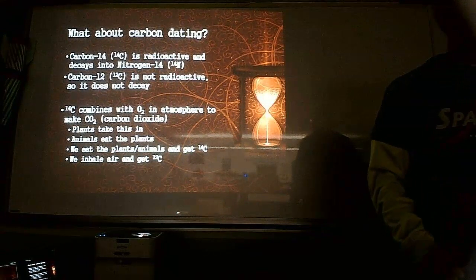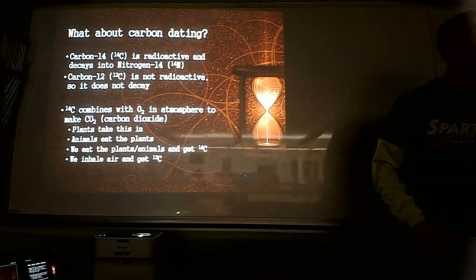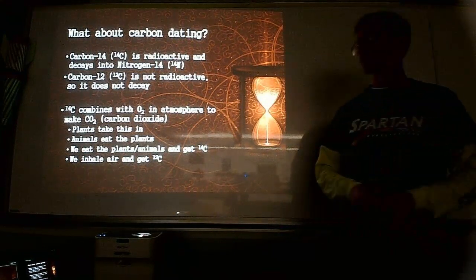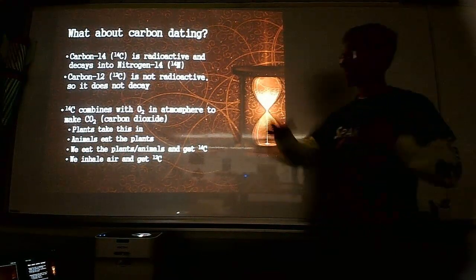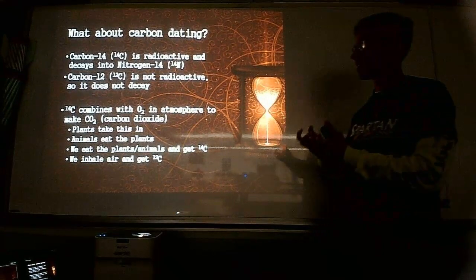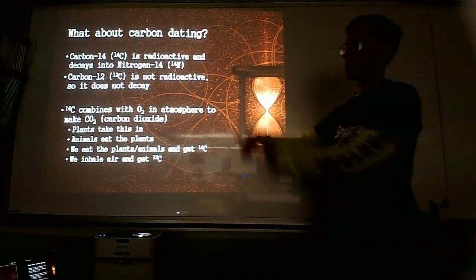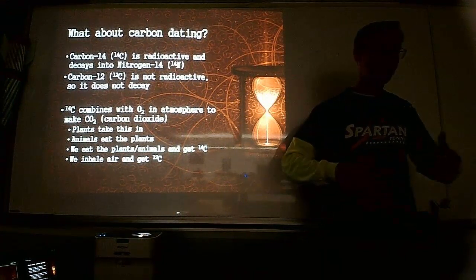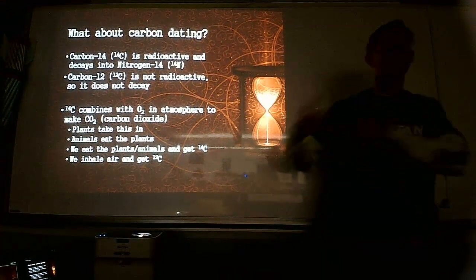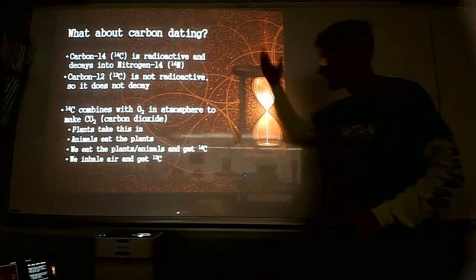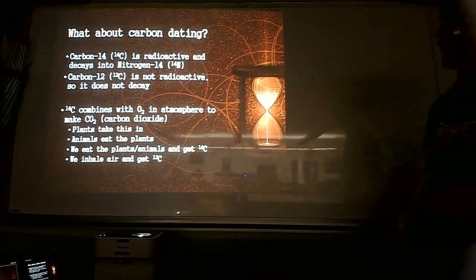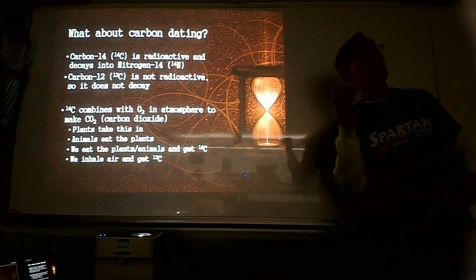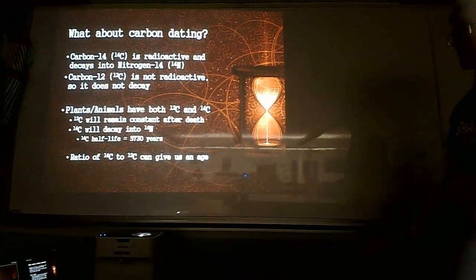So whether you're eating vegetables or whether you're eating meat, you're going to get carbon-14 in your body regardless, because that carbon-14 is absorbed by plants, and if you eat the plants, you get the carbon-14. But if you're eating the meat, you're eating the meat of the animals which ate the plants. So regardless, you're going to get carbon-14 both ways inside your body. So you've got both carbon-12 and carbon-14 inside your body.